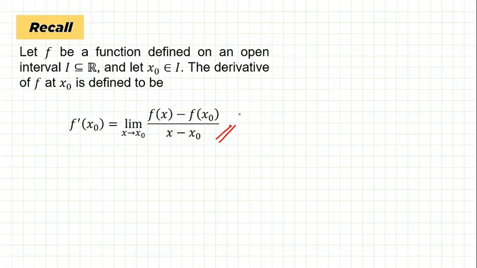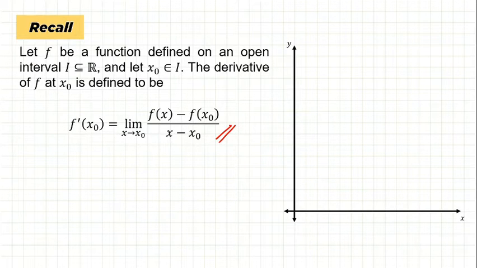So this is the original definition of our derivative, if this limit exists, right? Now, in this case, we know that the derivative of the function is just the same as the slope of the tangent line of that function at that given point.